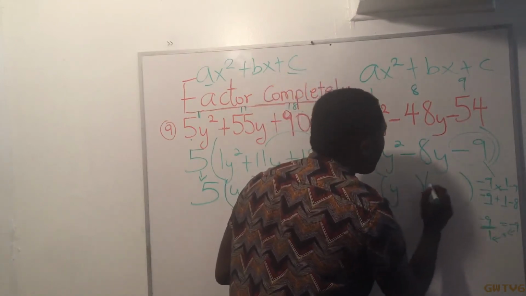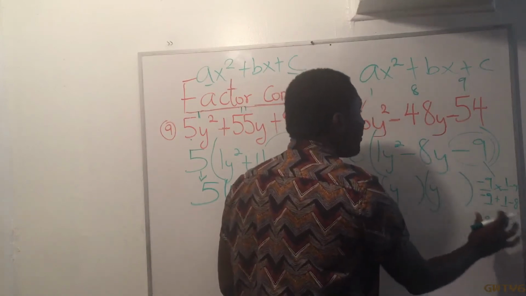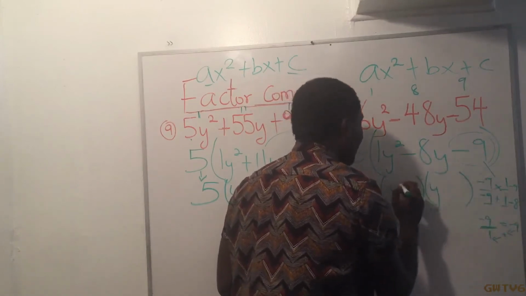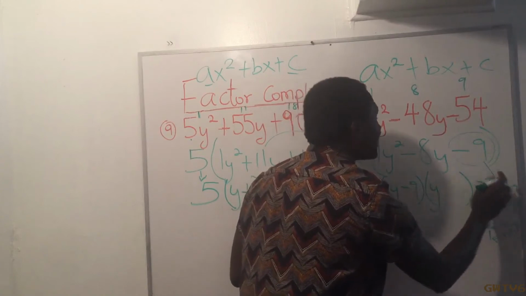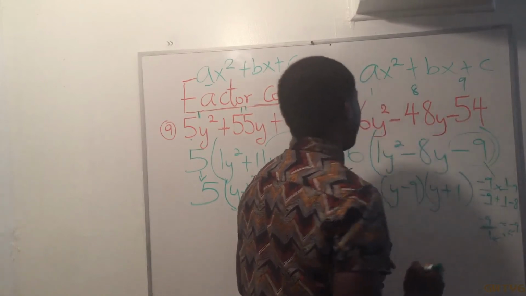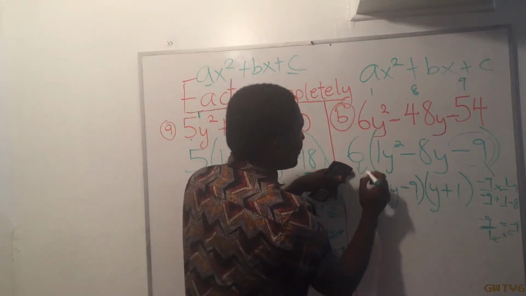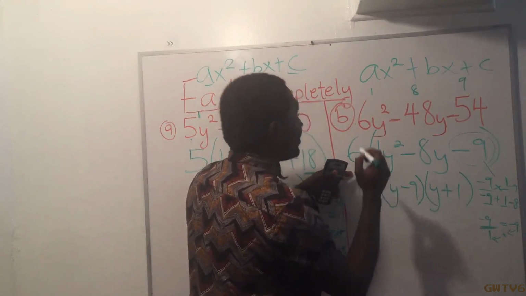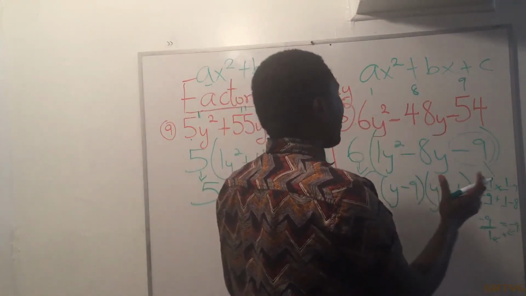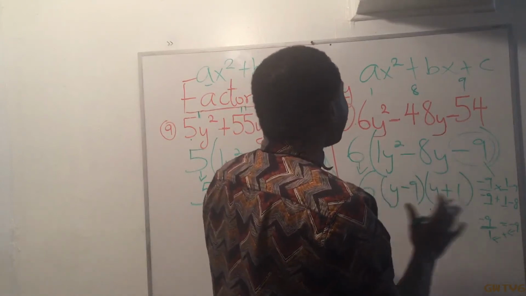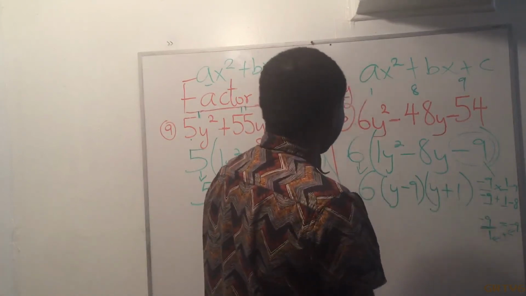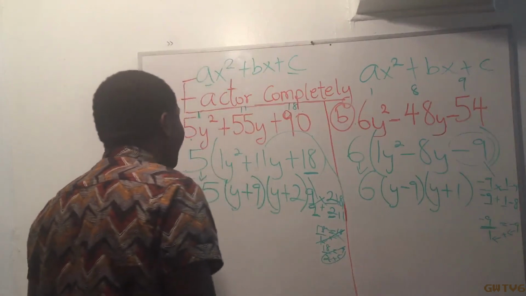I put my y. The 2 numbers are negative 9 and then positive 1. And I'm not going to forget to drop this down right here. So I drop my 6 down right here. And I cannot factor anymore. So that's it. That wasn't too bad.